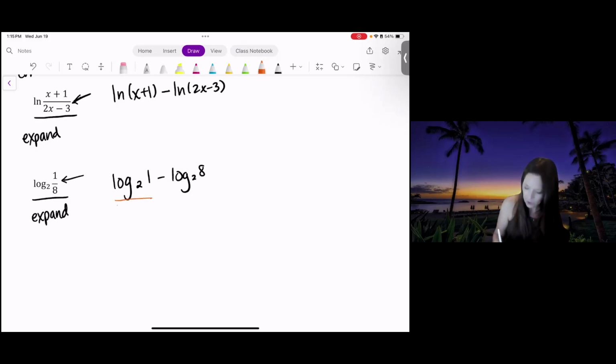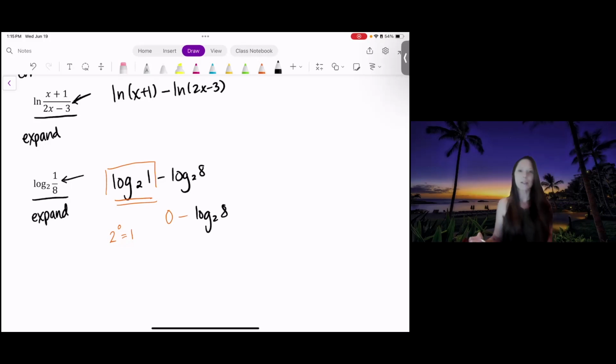And this expression right here actually evaluates to 0. Remember, 2 to the 0 is 1, which means that log base 2 of 1 is 0. That becomes 0 minus log base 2 of 8, or just negative log base 2 of 8.